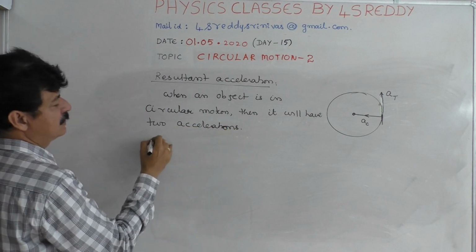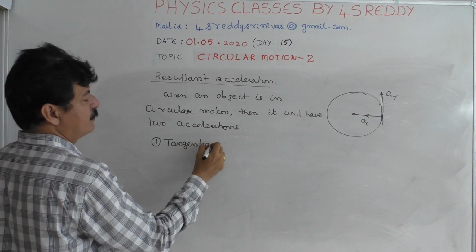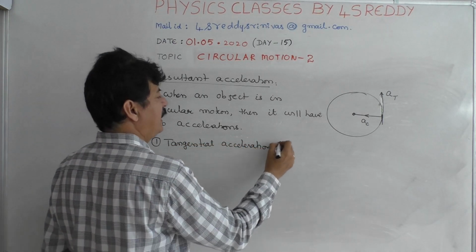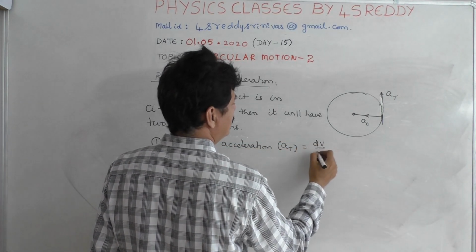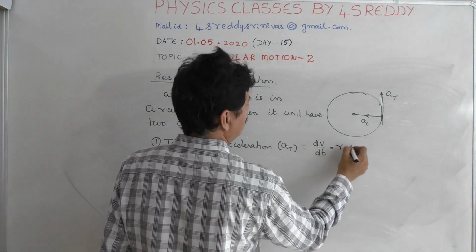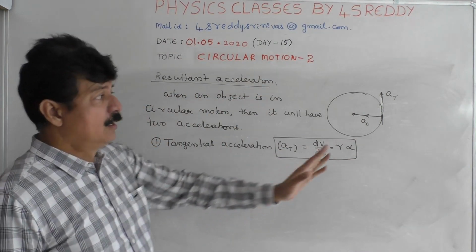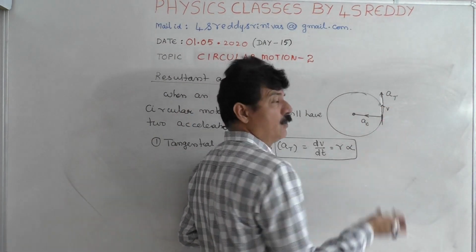The first one is tangential acceleration. A_T is equal to dv by dt, that is nothing but r alpha. The tangent drawn at any point on the curve gives the direction of velocity at that point.